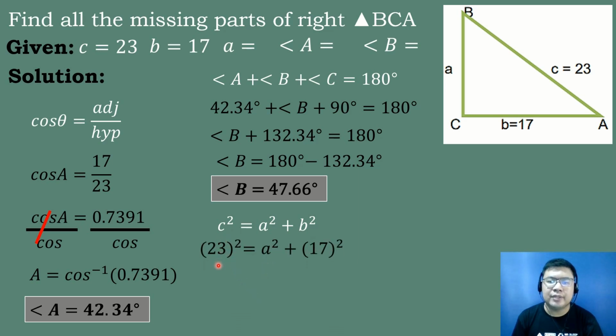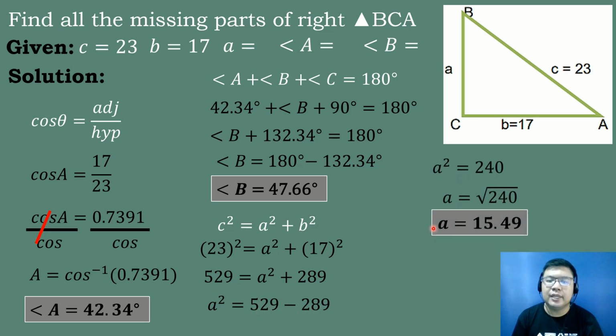C will be equal to 23 raised to the second power equals A squared unknown plus the value of B is equal to 17 raised to the second power. 23 times 23 is equal to 529 equals A squared plus 17 times 17 is equal to 289, and then bring down A squared equals, bring down 529, transpose 289 positive, it will become negative, and then subtract these two numbers. 529 minus 289 is equal to 240.